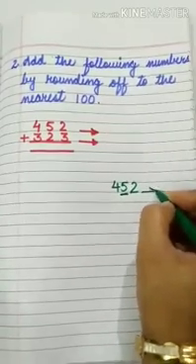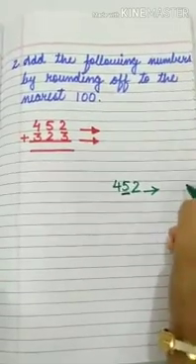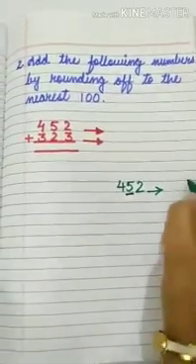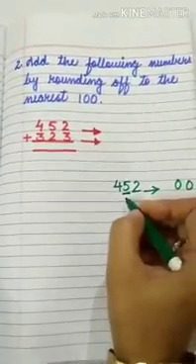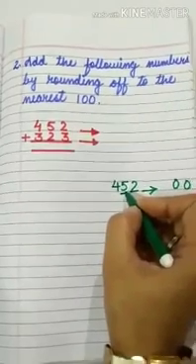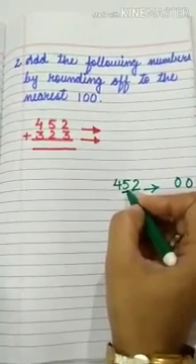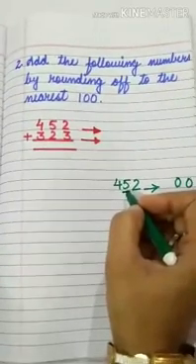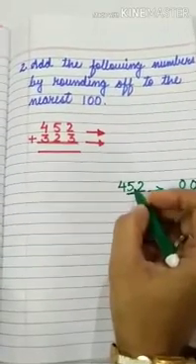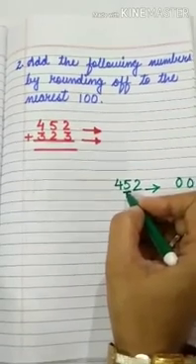Now the second step is to write down 0 at the ones place, 0 at the tens place, and third step is compare this digit with 5, whether it is smaller than 5, greater than 5 or equal to 5, right? So the tens place digit here is 5.